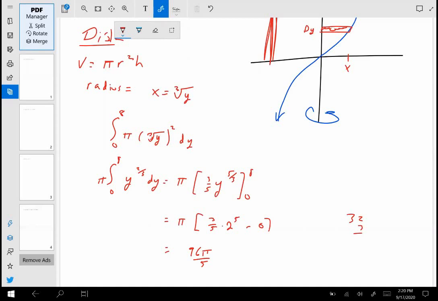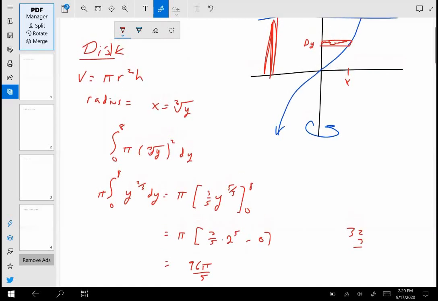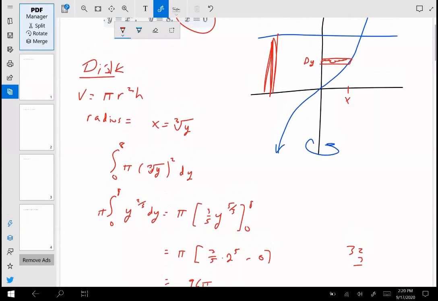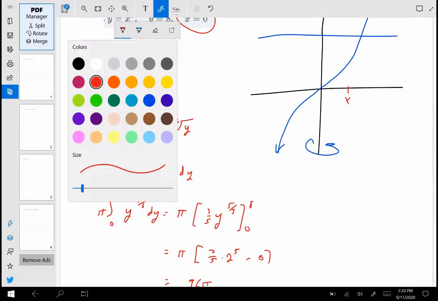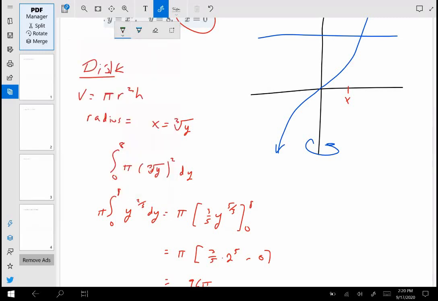Now, out of curiosity, so we can do a good, honest comparison between the two, how do we set this up with the shell method? With the cylindrical shells, we set up our rectangle parallel to the axis of rotation, so it's going to go from here to here.